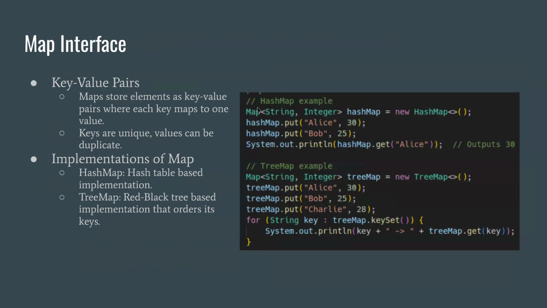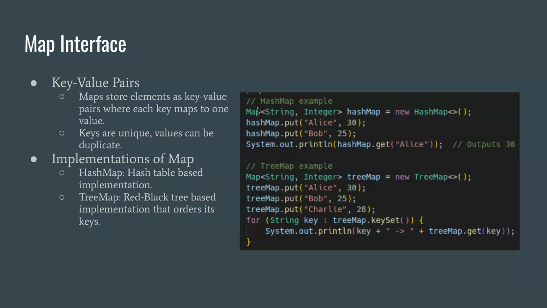Moving on to the Map interface. One thing that is special is that maps are not a true descendant of the Collection interface, but are an essential part of the framework. It's because maps store pairs of keys and values, with each key uniquely identifying a value.